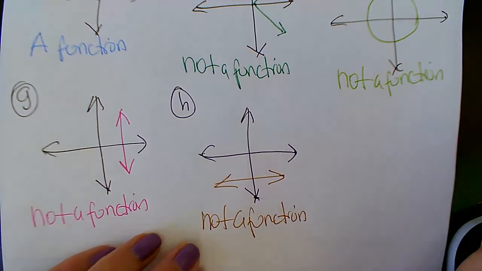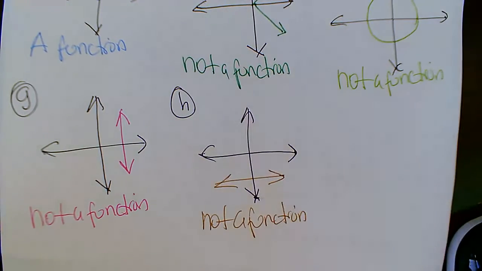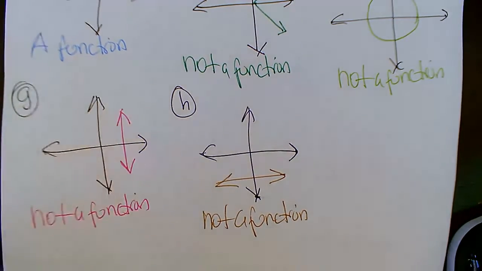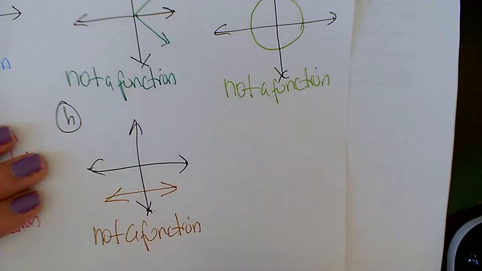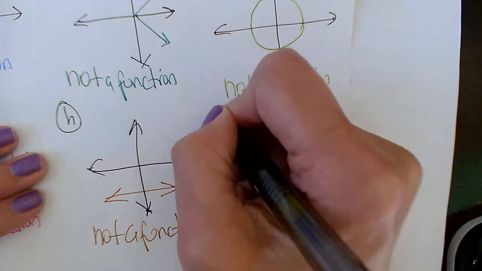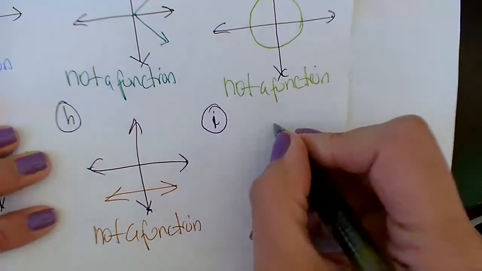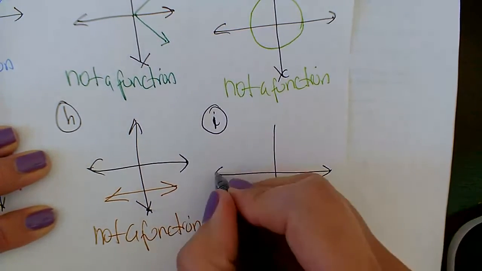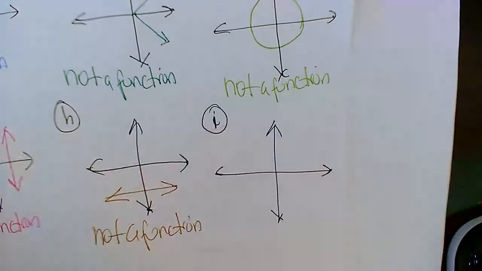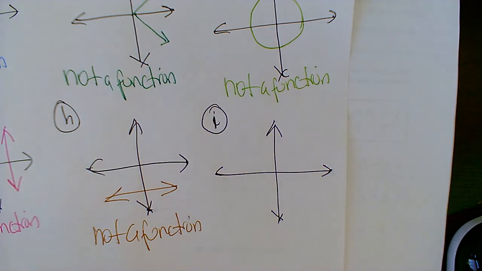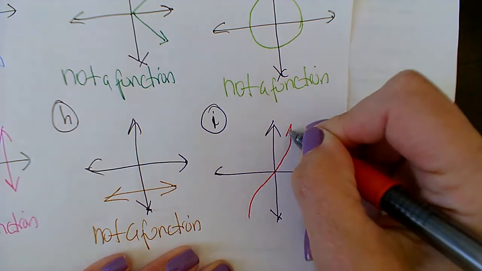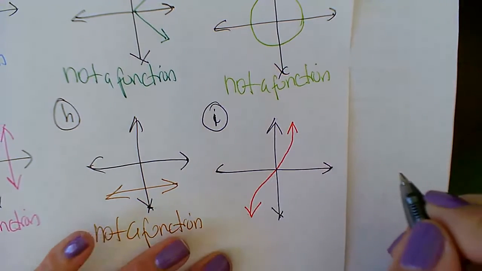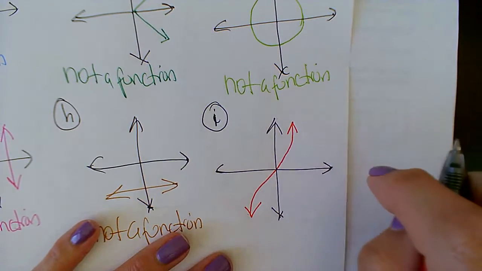It is a function if it passes the vertical line test. And if it passes the horizontal too, so it's a 1-to-1. I. And this one is going to be, it is a function.